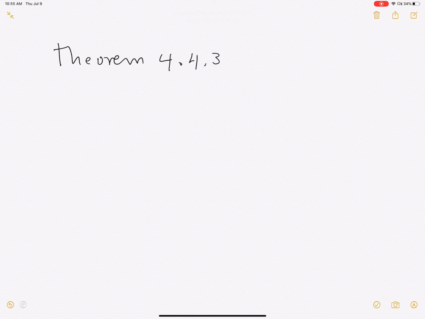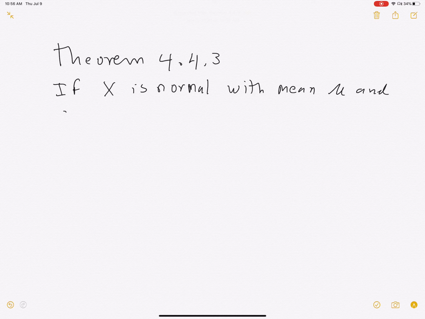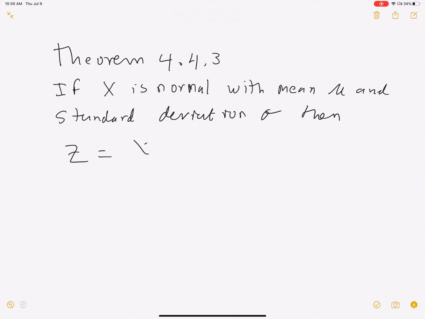It says if x is normal with mean mu and standard deviation sigma, then z, which is just going to be x minus mu over sigma, is a standard normal.